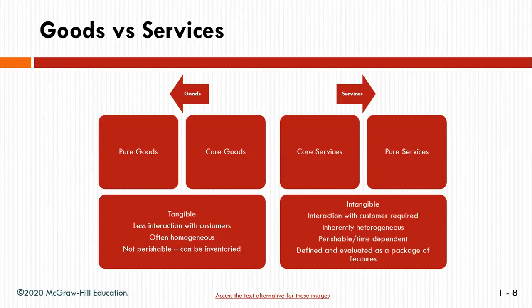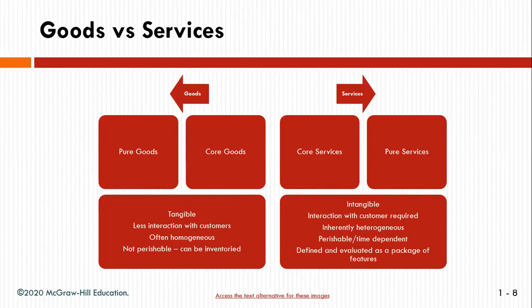And there is something in the middle, which is basically delivering a good and, to make it more competitive, adding some kind of service to it. Then there is the other side where it is a pure service, and to make it competitive, you deliver a product in order to really deliver the service.